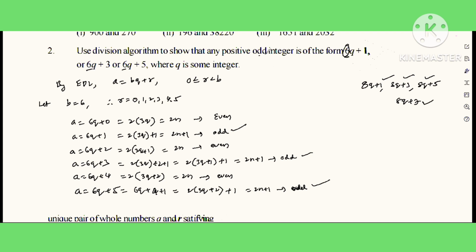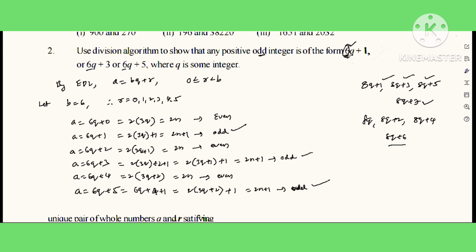If the same question is given for even, then you will be given 8q or 8q plus 2 or 8q plus 4 or 8q plus 6. Okay, that's all. So if the question is changed, depending on the question, they will give this. It may be given 10 or it may be given 4.